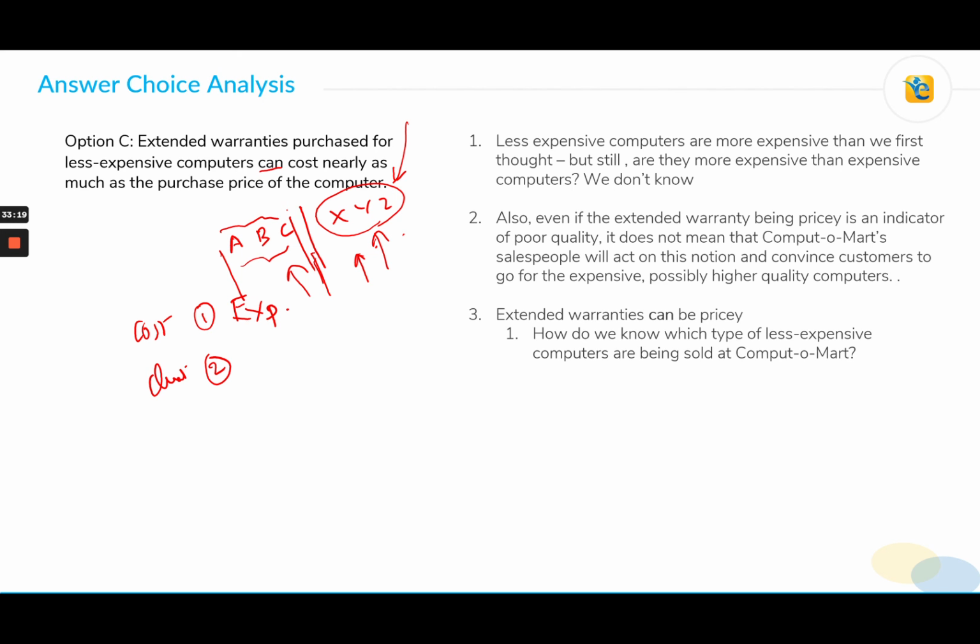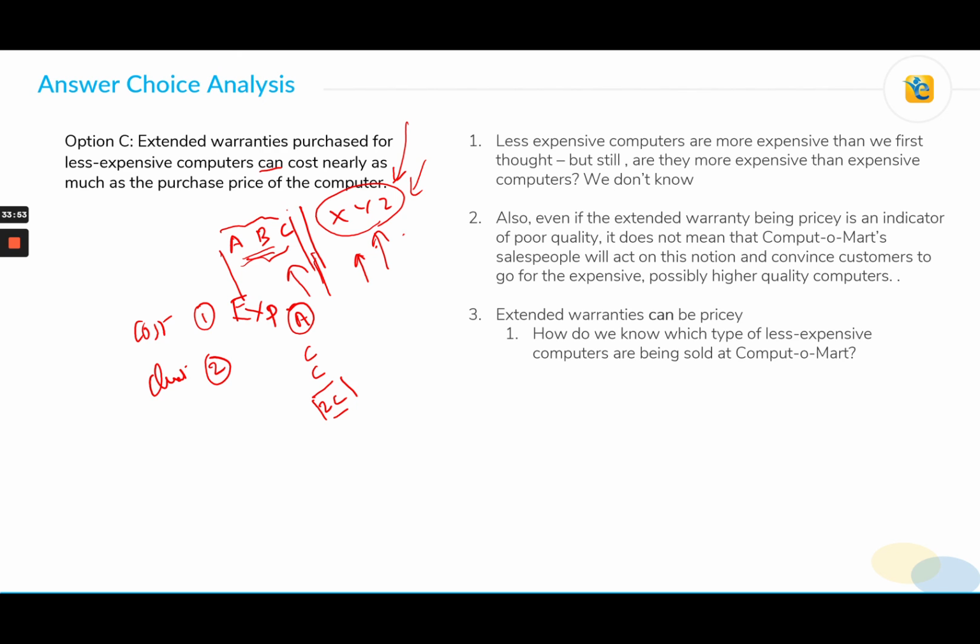But here is the problem. Problem number one: you do not know the level of cost that is being added by the extended warranty and how it compares to the expensive models. For example, let's take computer A, a less expensive model. Its cost is C, and let's say the extended warranty also costs pretty much C. So somebody ends up paying 2C, right?